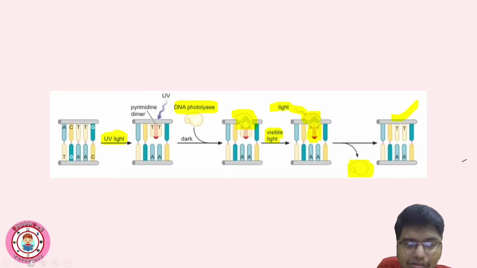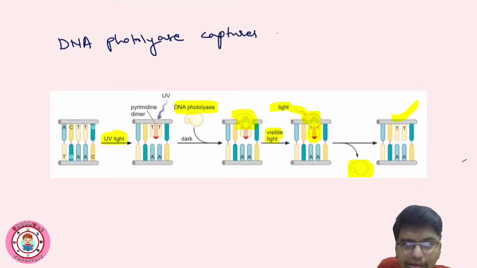So what we can write here: DNA photolyase captures energy from visible light to break the covalent bond.